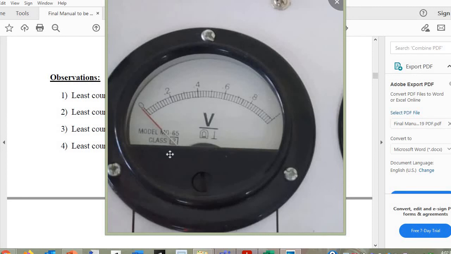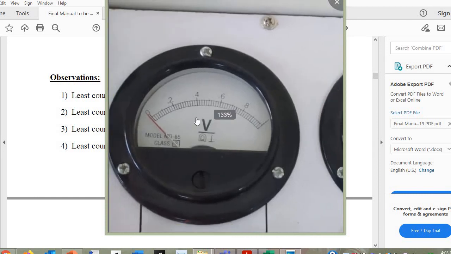So how is the scale? Can anybody tell what points you can see with respect to this voltmeter? Is the scale visible to all of you? Yes, ma'am. Okay, so what points can you see on the scale?